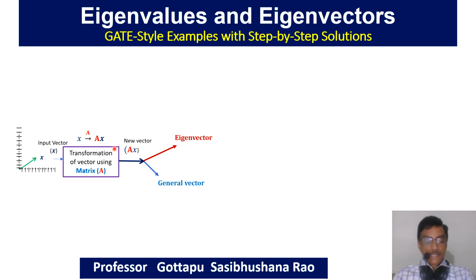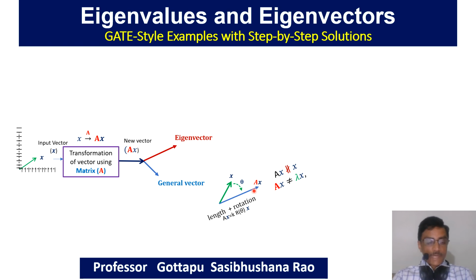For a general vector, the transformation usually changes both its length and direction. Here, the green arrow is the input vector, and the blue arrow is the transformed vector.